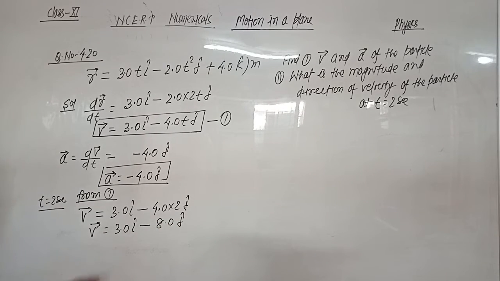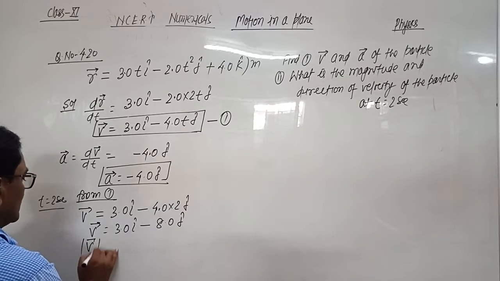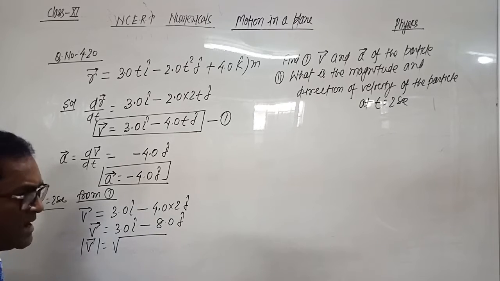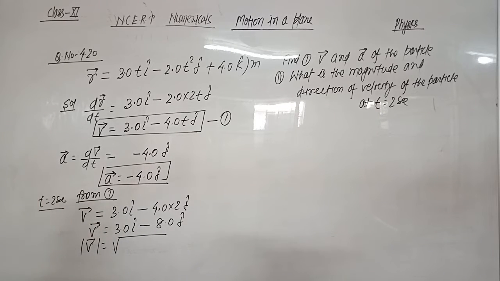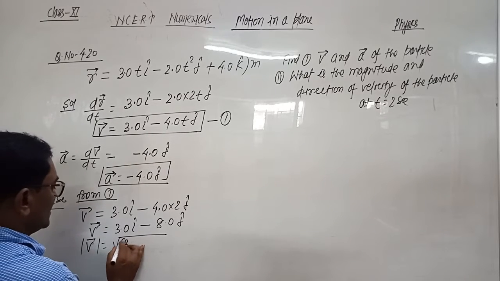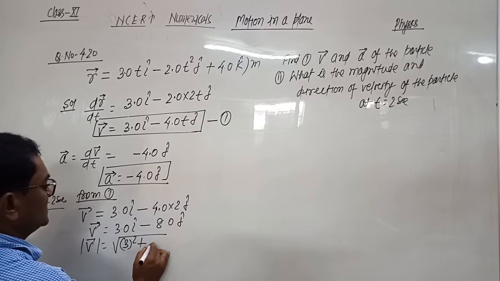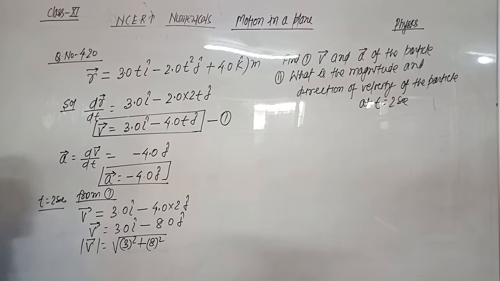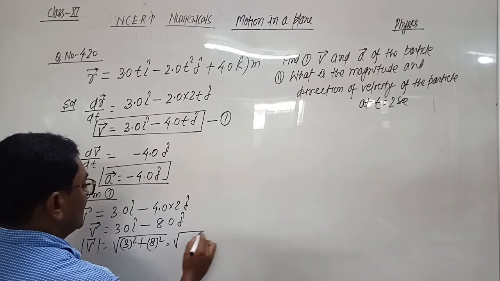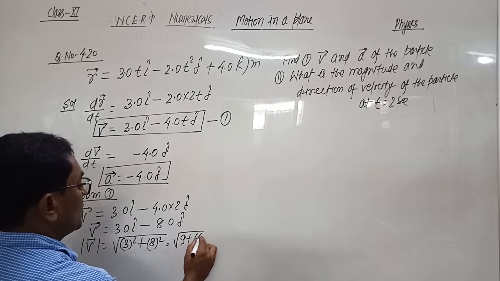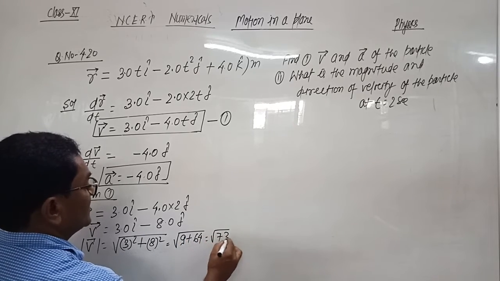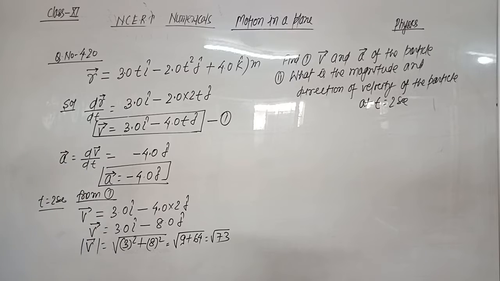For the magnitude, we take the square root of the sum of squares of the coefficients: root of 3 squared plus 8 squared, which is 9 plus 64, root 73.